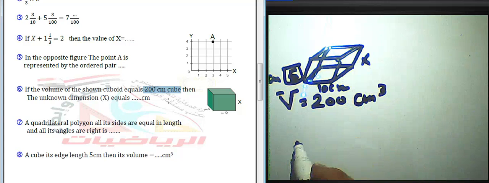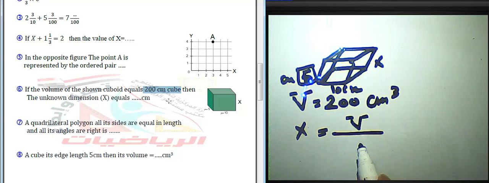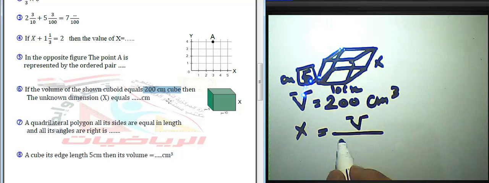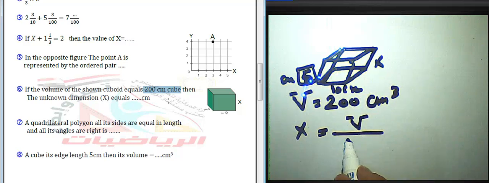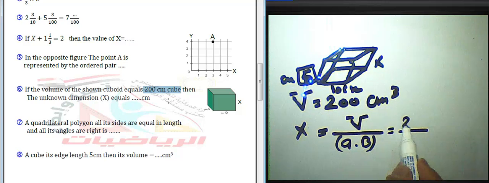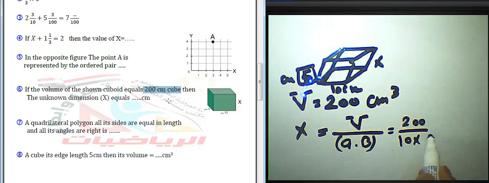x is the height. To find the height, we must divide the volume over the area of the base, the length multiplied by the width. The volume is 200 over the area of the base, length times width: length 10 centimeters and width 5.